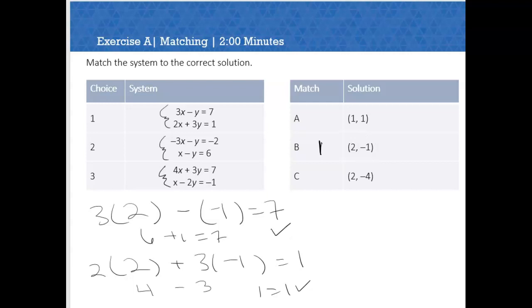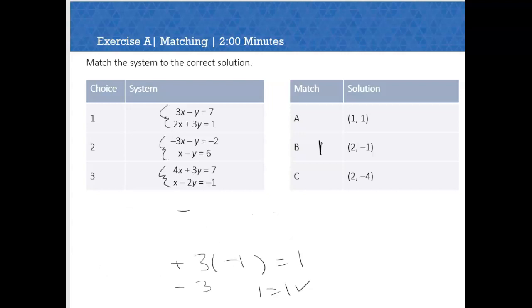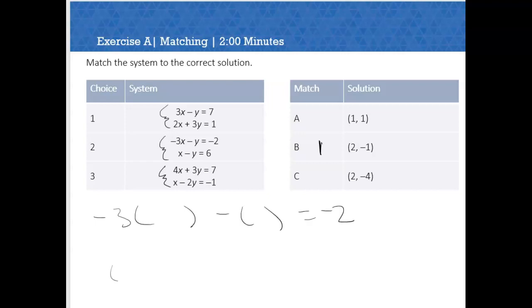because 2, negative 1 was true for both equations. So let's look at number 2. Negative 3x minus y equals negative 2, and then x minus y equals 6. So we'll try our 1, 1 first.